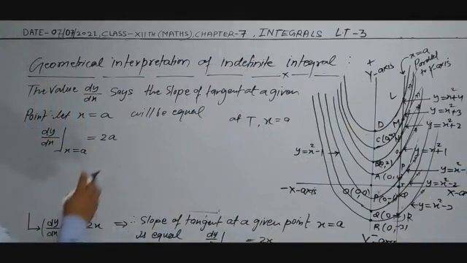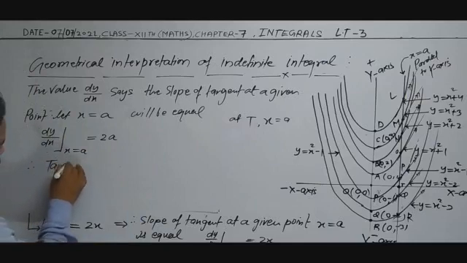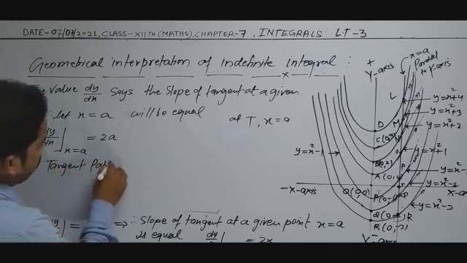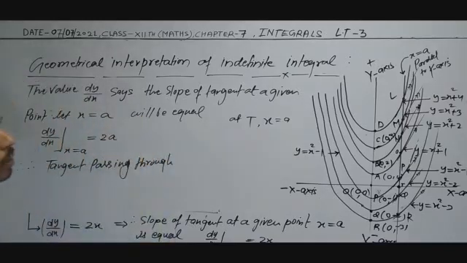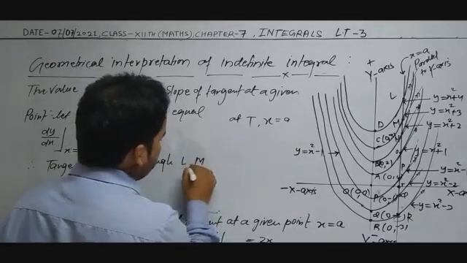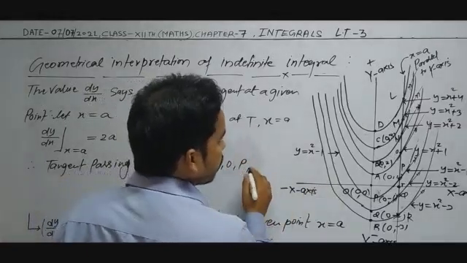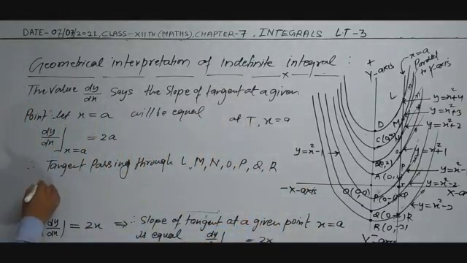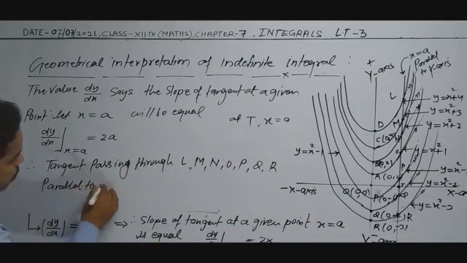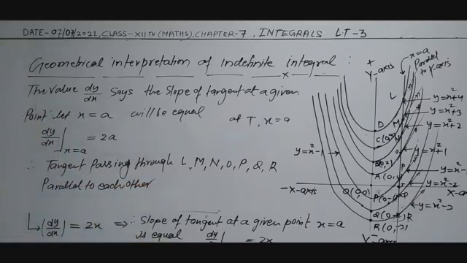Therefore, the tangents passing through L, M, N, O, P, Q, R are parallel to each other.